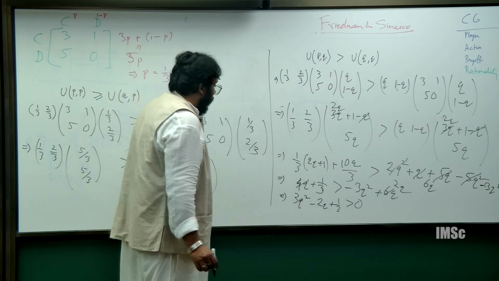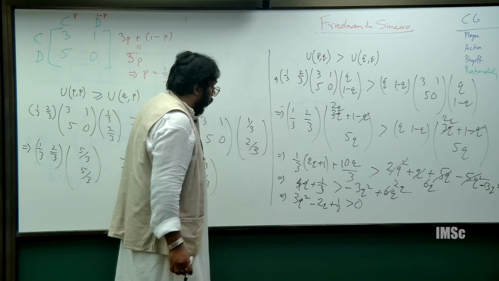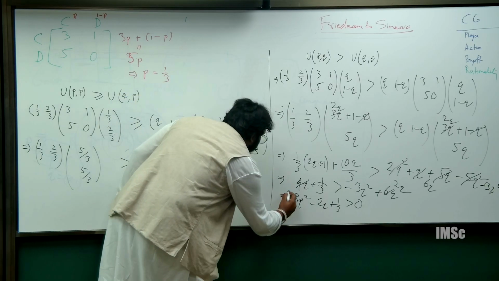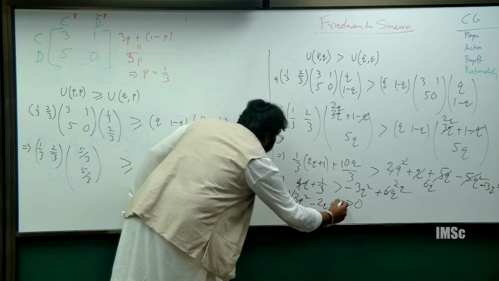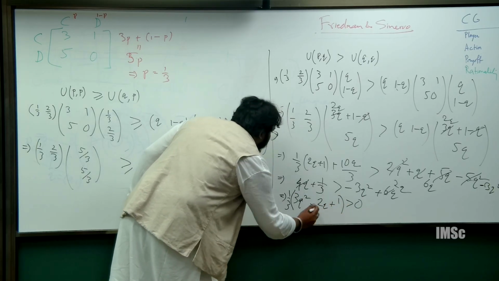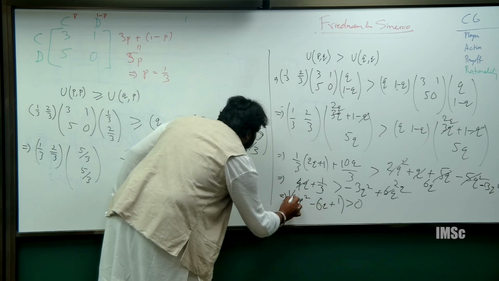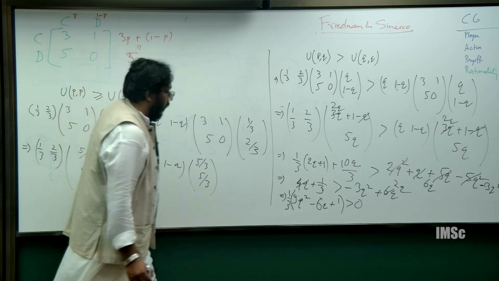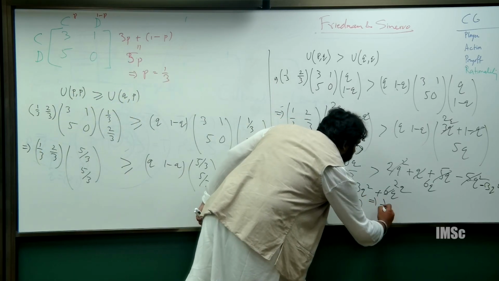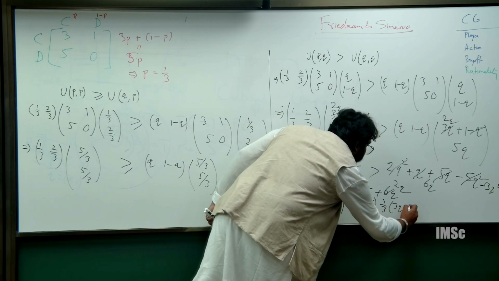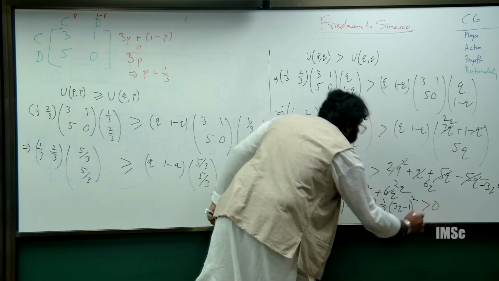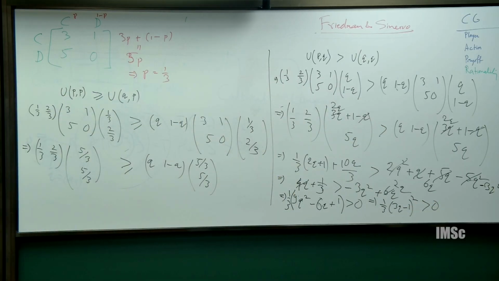And if I take 1/3 common, then basically this is 1, this is 6 and this is 9, and hence I have 1/3 times (3q minus 1) whole square. And of course, a square is always going to be positive, and hence the condition is true for any q.